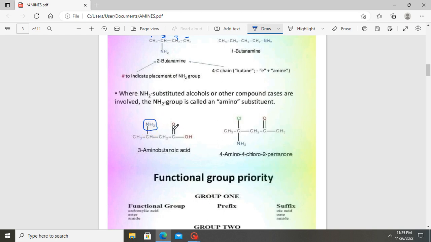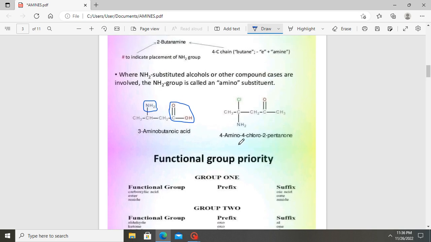Here we have a carboxylic acid functional group and an amino group, but carboxylic acids have more priority than amino groups. So we name the amino group as a substituent and the carboxylic acid as the parent organic compound. So this compound is going to be named 3-aminobutanoic acid.